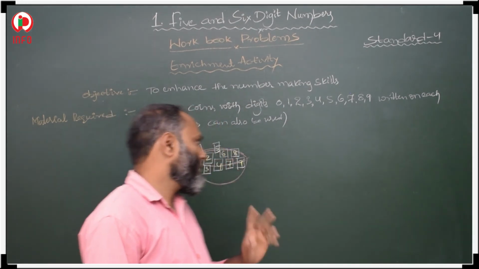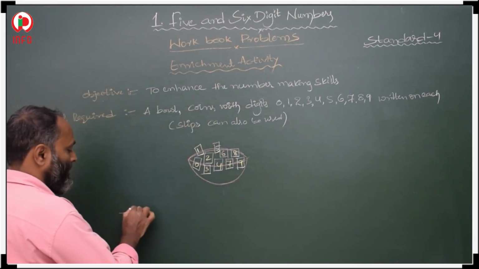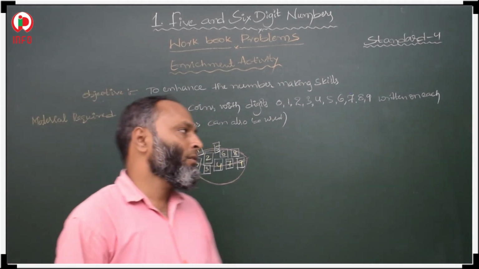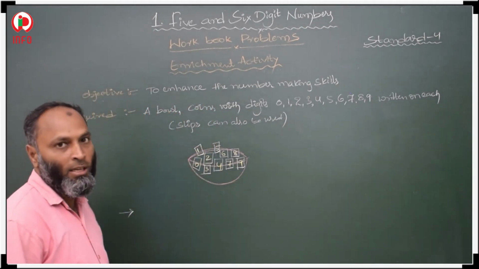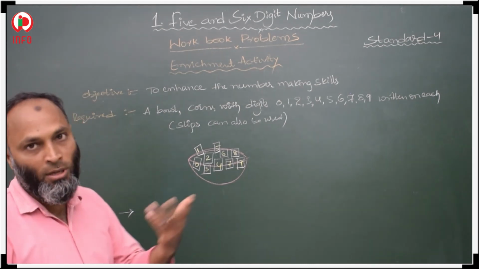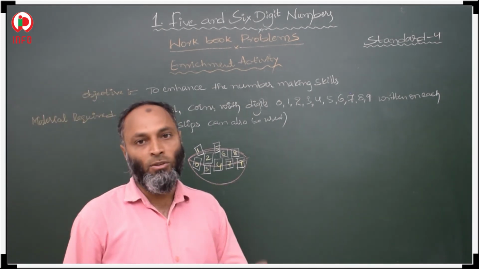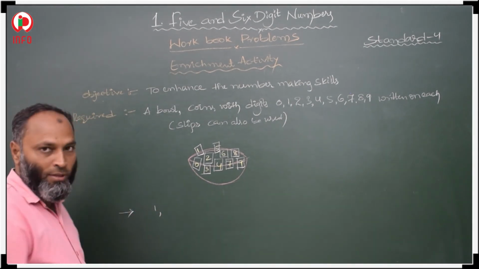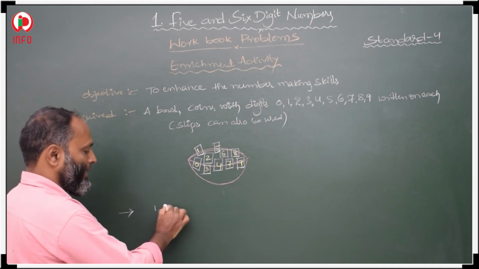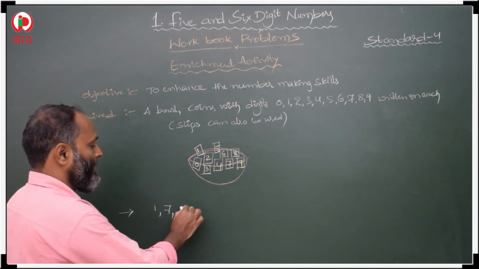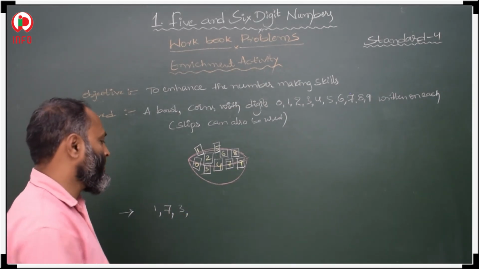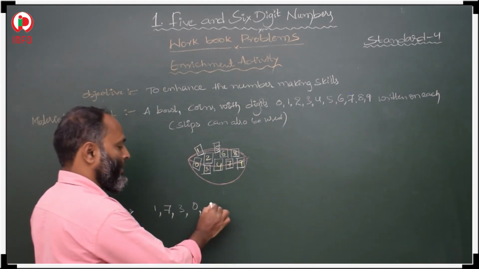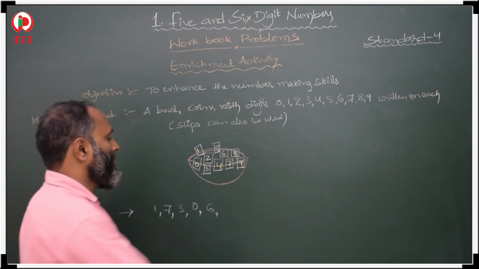From that group, ask them to select any 5 or 6 points, that is your wish. Suppose I asked them to choose 6 points. If a group selects 1 first, and after that 7, and after that 3, then 0, then 6, then 2.